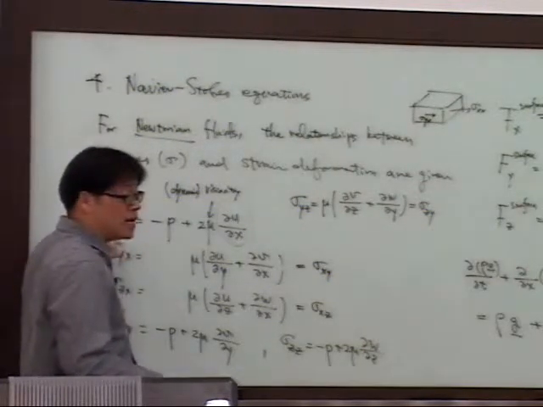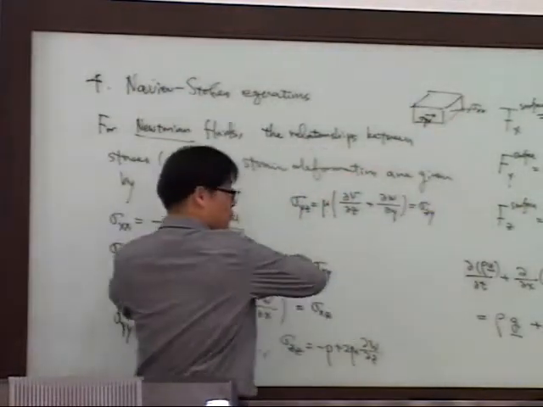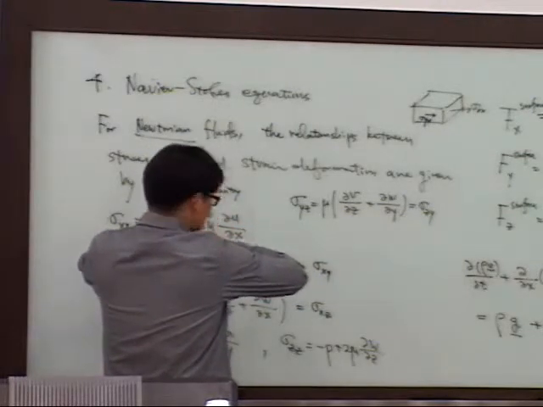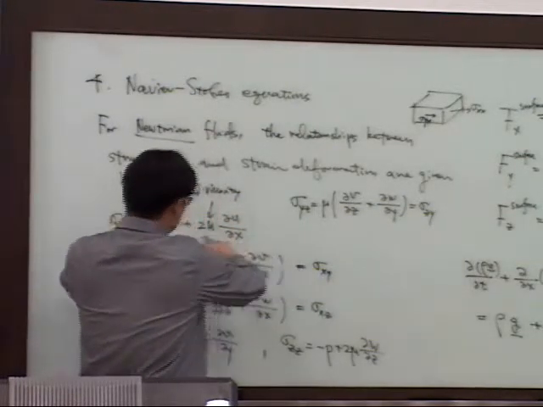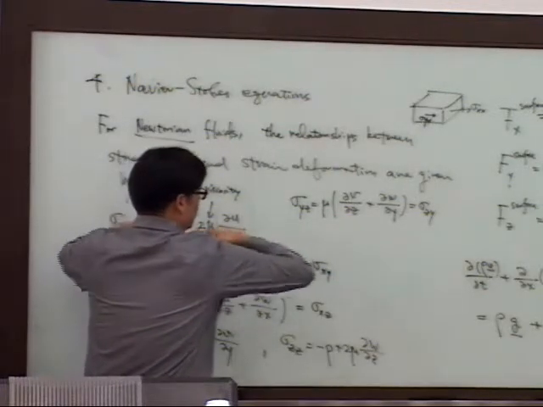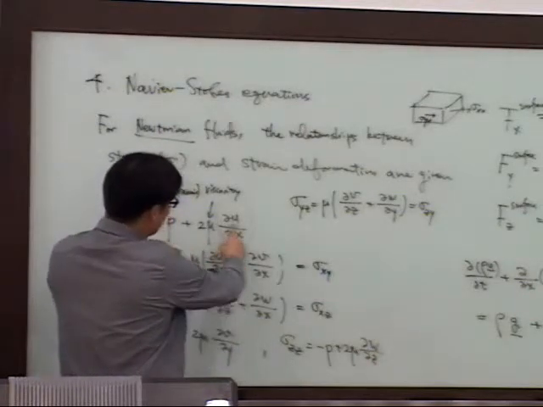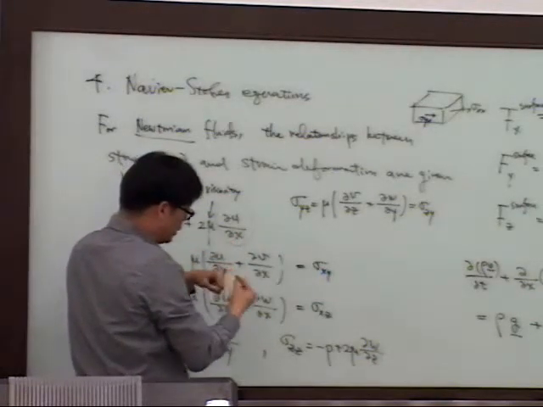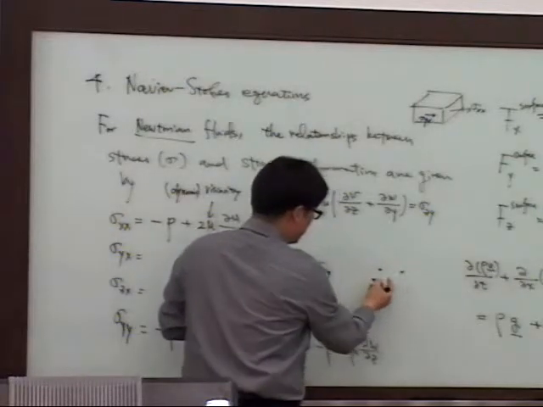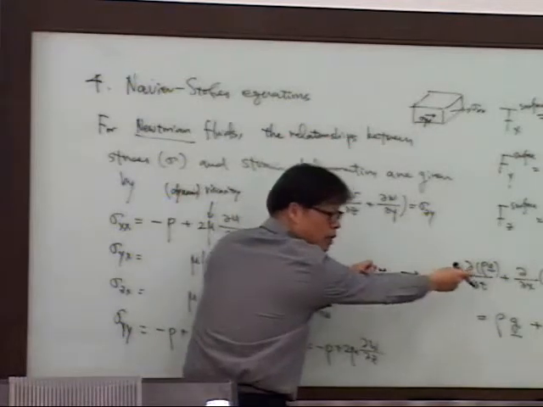So if you look at sigma xx, it is a normal force in the x direction. One part is due to the pressure, so they push each other, and also this is a force that you need to pull a fluid particle. If you look at the two positions here and here, if the velocities are different, then you have to stretch.